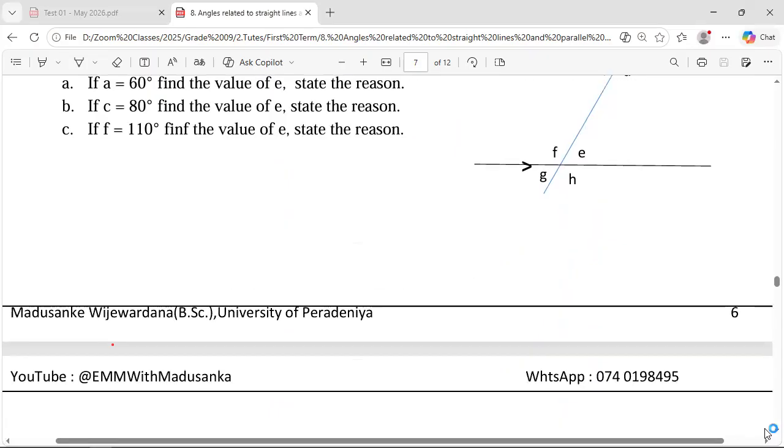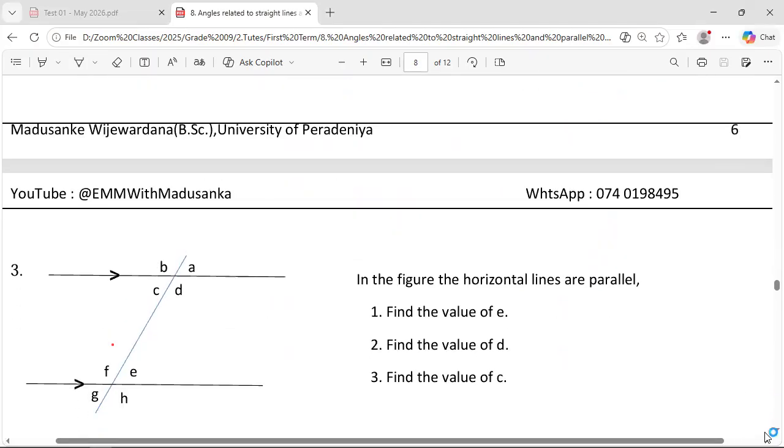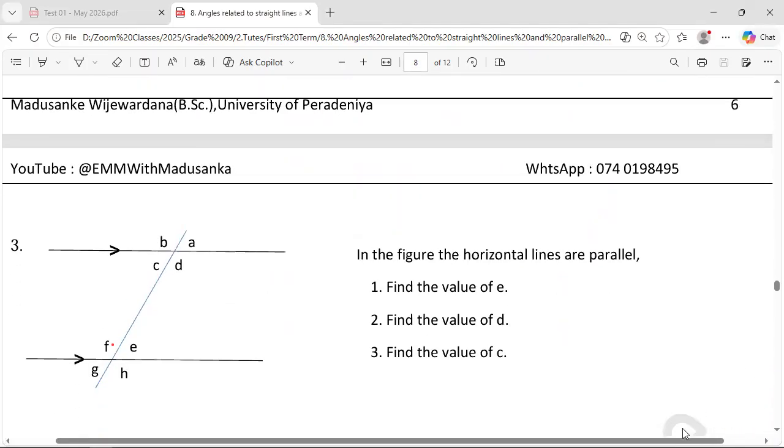Here there are another two things. Here I haven't given values.